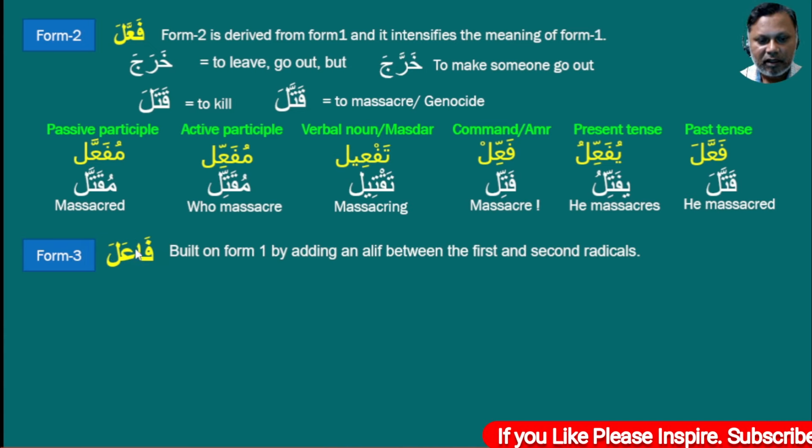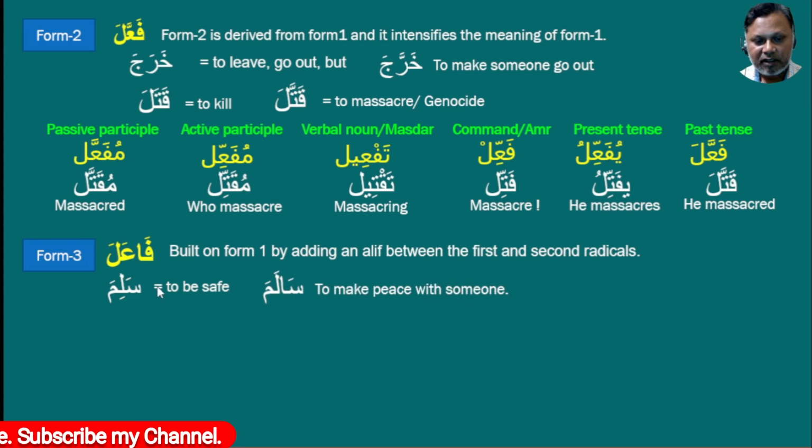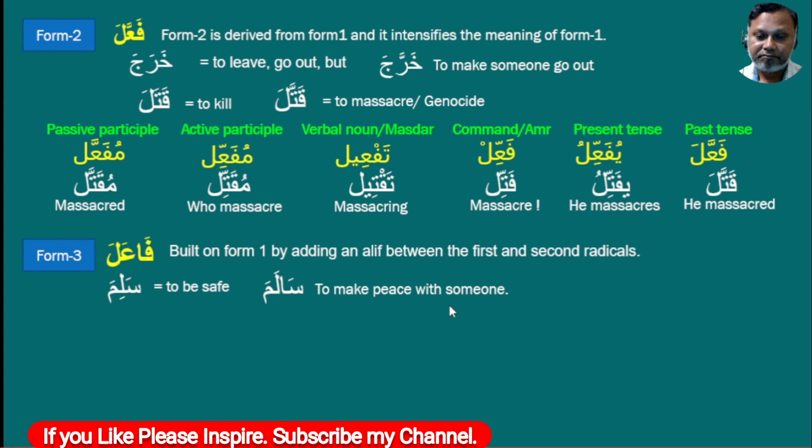It is a long vowel alif after the first radical, so the pronunciation will be faa'ala. For example, salima is the form 1 verb, meaning to be safe. If we put alif after sa, it will be saalama. Saalama means to make peace with someone.